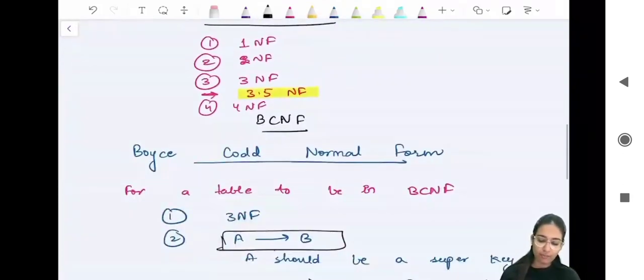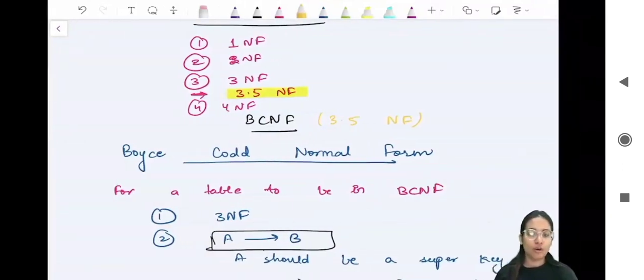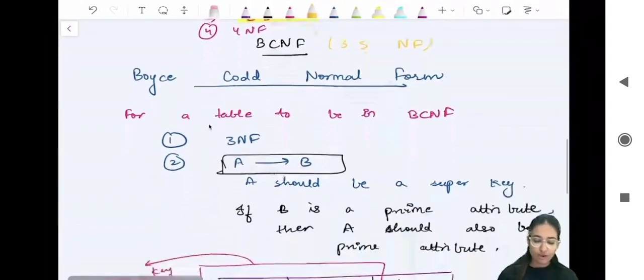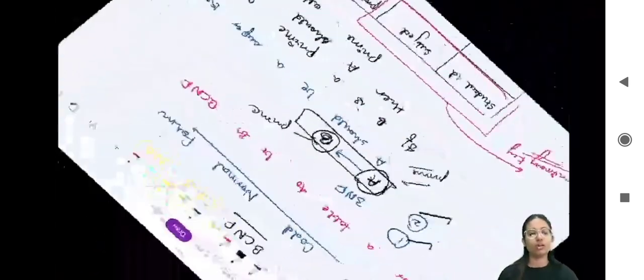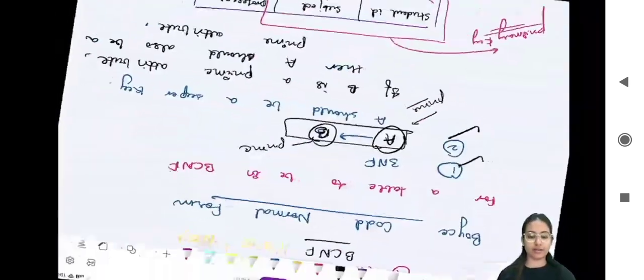Now we are talking about 3.5 NF. And what happens in this is, first, it should be in third normal form, and secondly, if there is a dependency from A to B, and if B is a prime attribute, then A should also be a prime attribute. Okay, that is what it really means.